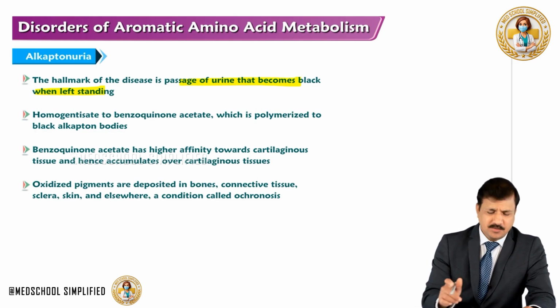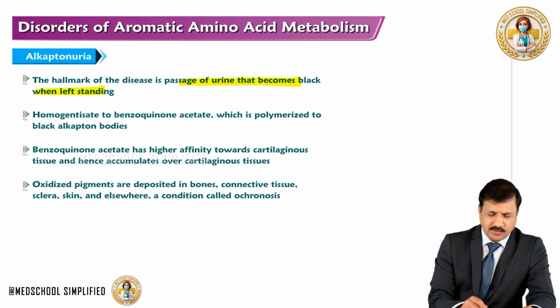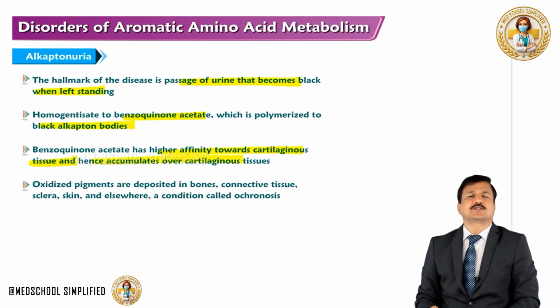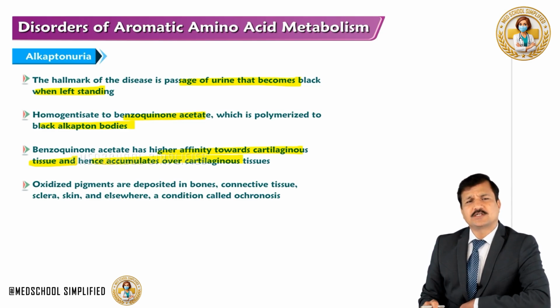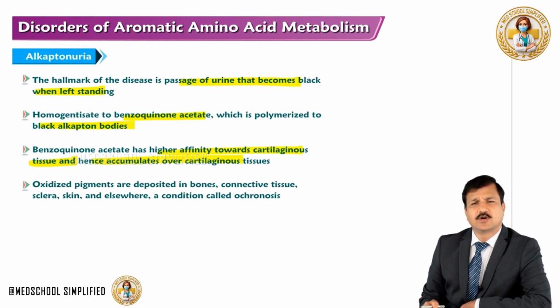Not only that, homogentisate is converted to benzoquinone acetate and polymerized to become black alkaptone bodies, and that will accumulate over cartilaginous tissue and change it. The benzoquinone acetate has higher affinity towards cartilaginous tissue and hence accumulates there.